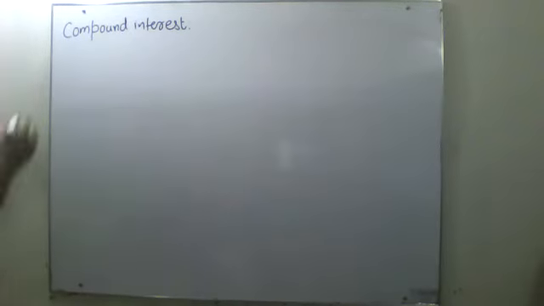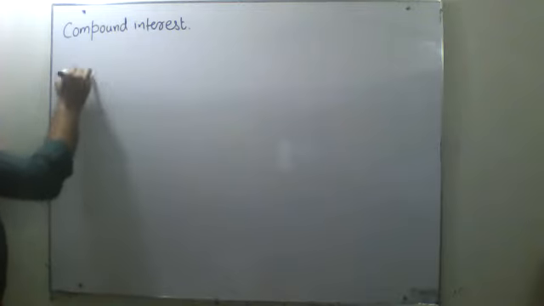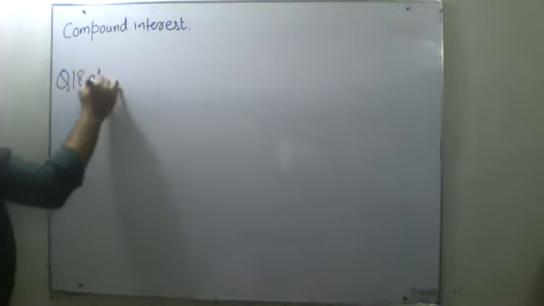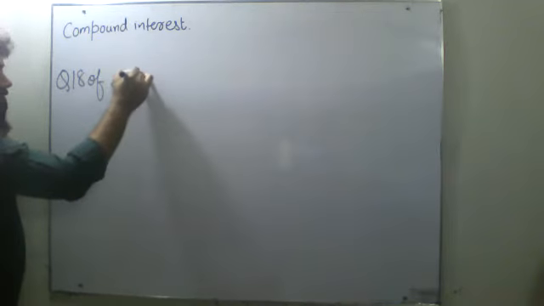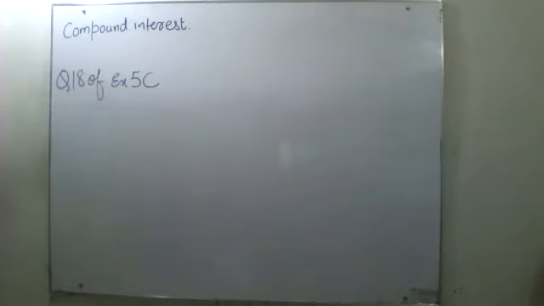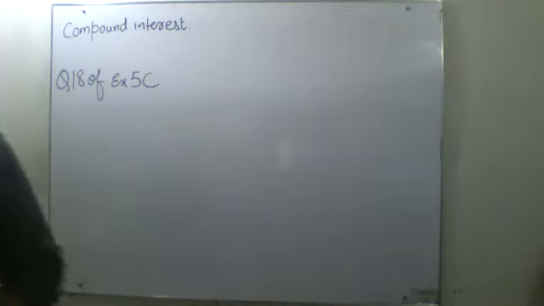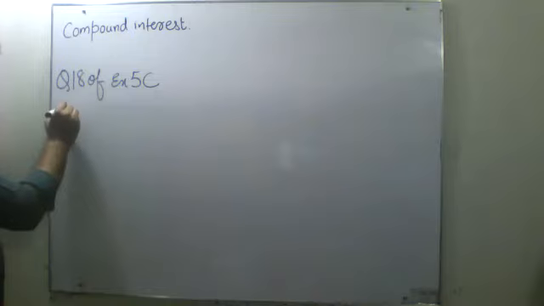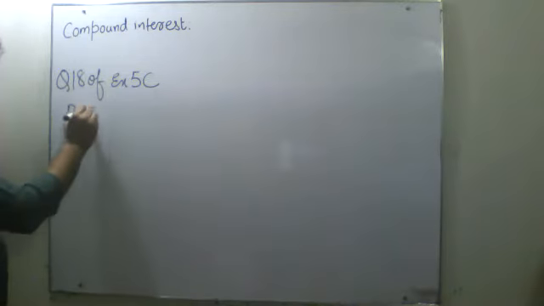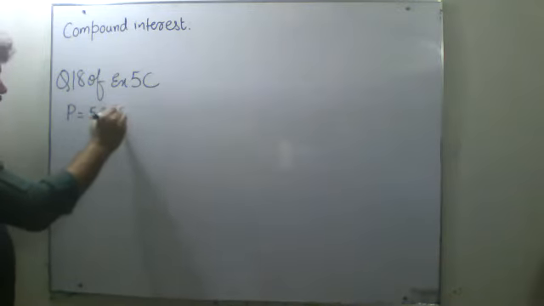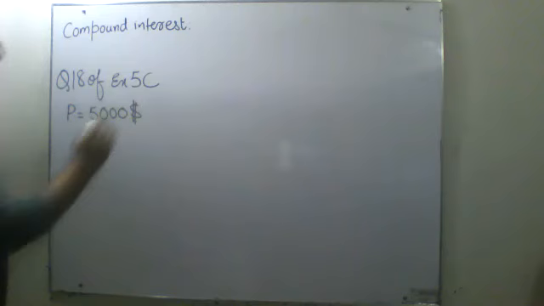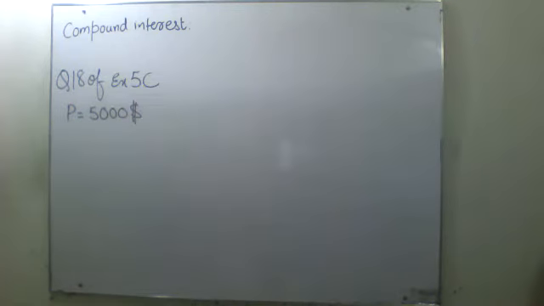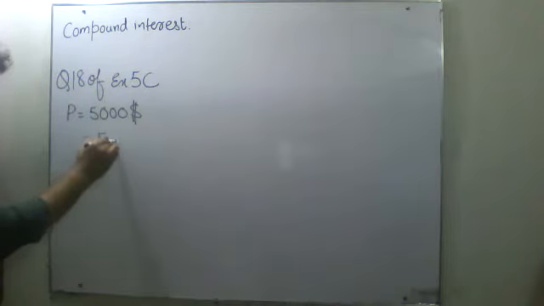Now question number 18. Question number 18 of exercise 5C. Okay. The question says a person invested $5,000. Principal amount is $5,000. In a fund for 5 years.